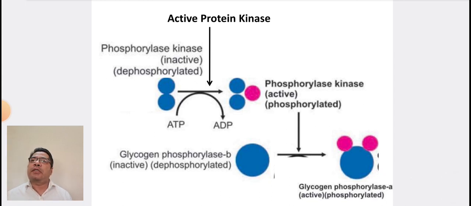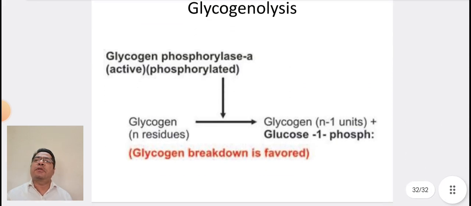This active protein kinase then stimulates conversion of inactive phosphorylase to active phosphorylase, which leads to the active glycogen phosphorylase. Then this glycogen phosphorylase activates conversion of glycogen to glycogen n-1 plus glucose 1-phosphate.